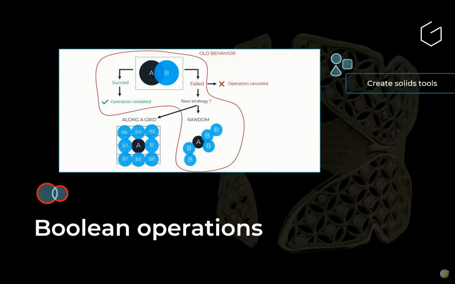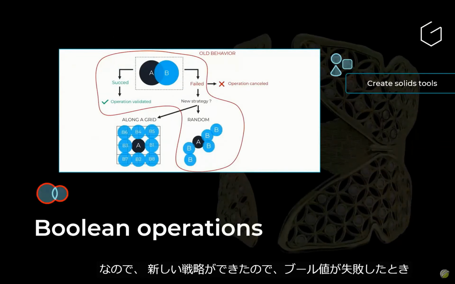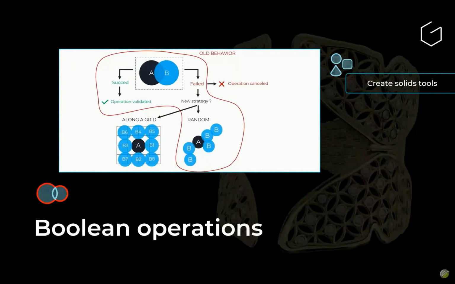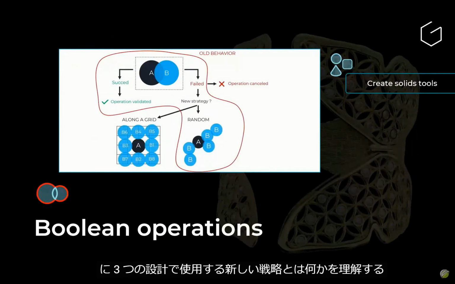Another good improvement we have in 3Design is regarding the Boolean operations. So you have new strategies now. So I created this explanation just for you to understand what are the new strategies we have in 3Design when the Boolean failed.